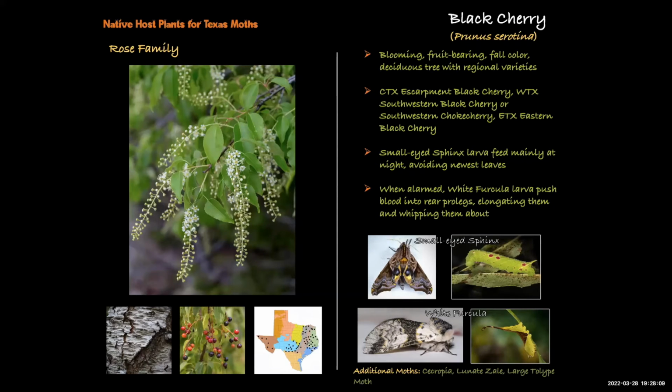This white furcula, when it gets alarmed, it pushes blood into its rear prolegs and elongates them, as you can see on the bottom right, and then whips them about, trying to scare the predator away or to have the bird, if it's in a bird's mouth, drop it. So it's a really interesting adaptation.